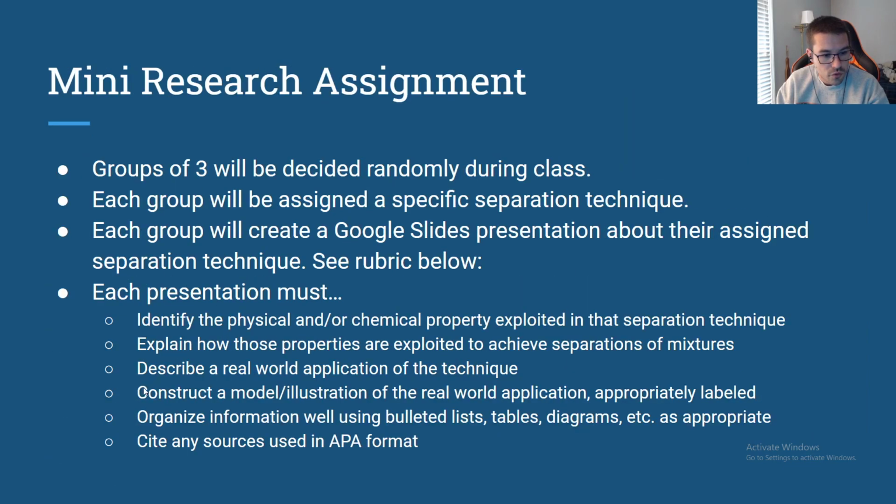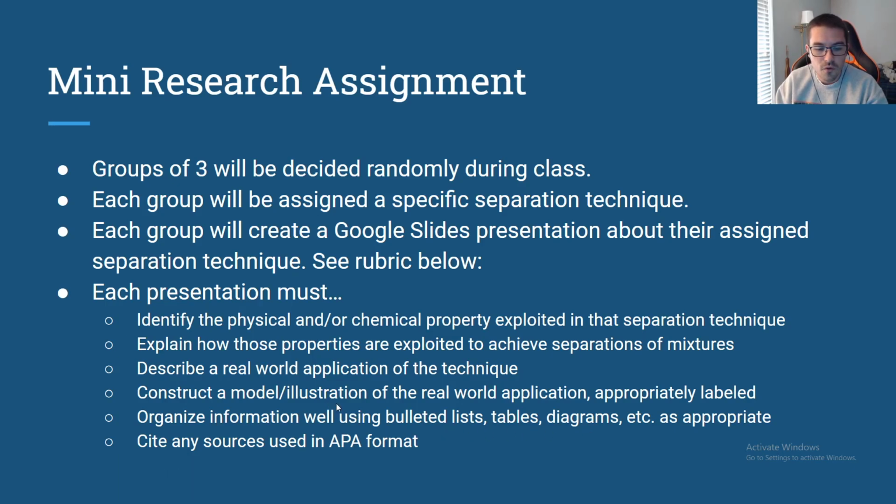Now, you'll notice there are two more important parts of the rubric here. Organizing your information well, using bulleted lists, tables, and diagrams as appropriate. I don't really have any bulleted lists or tables in my presentation, but I do have plenty of diagrams. And it says as appropriate, so it's not like you need all of these things.